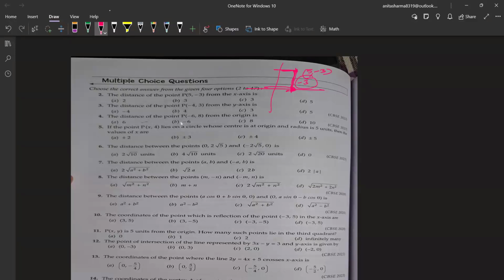How, beta? Because it is 4 units away from the y-axis. Ma'am, it's -4. Minus 4 can't be, beta, because distance you can't measure in negative terms, right?